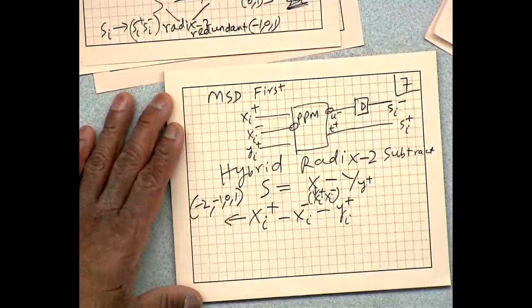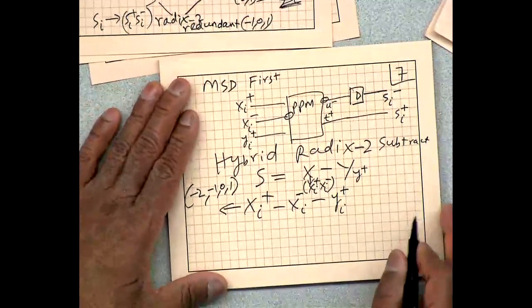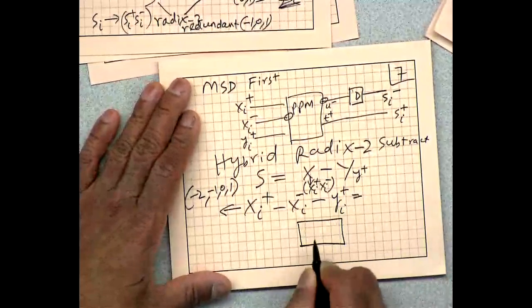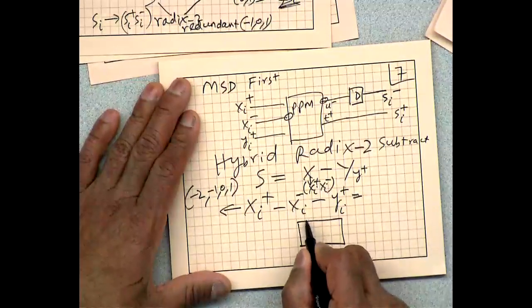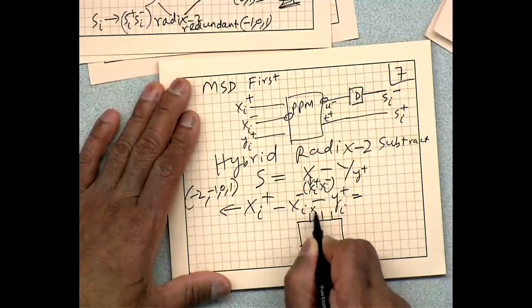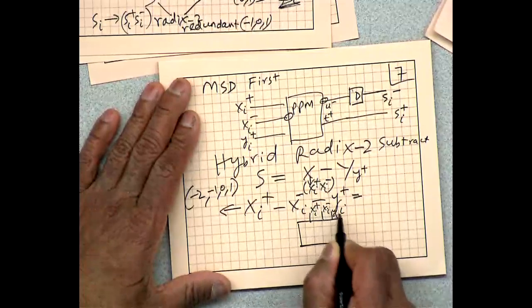Now if I am going to represent this by a transfer digit and a sum digit, what would that be? The transfer digit has xi plus, xi minus, yi plus.